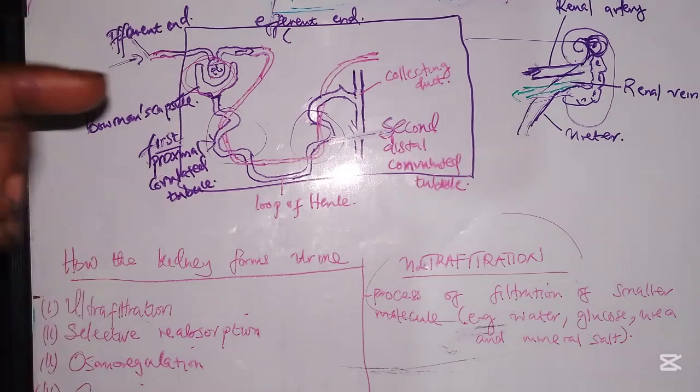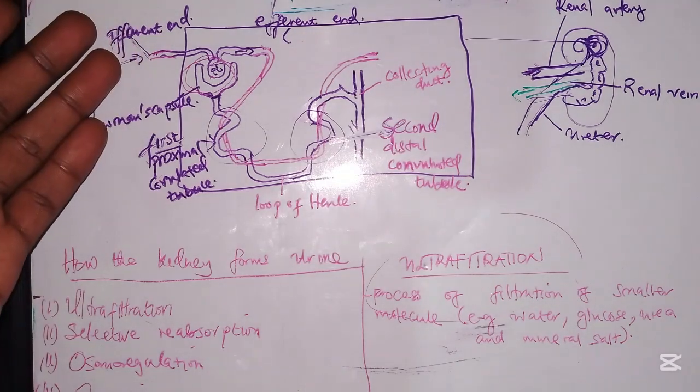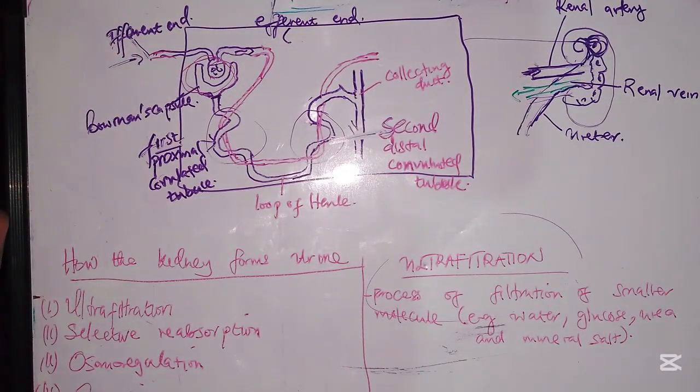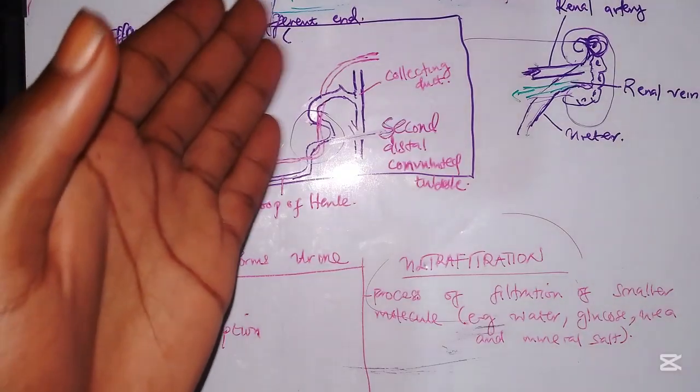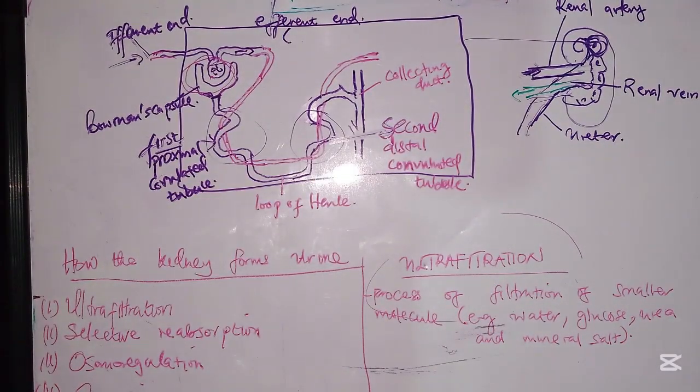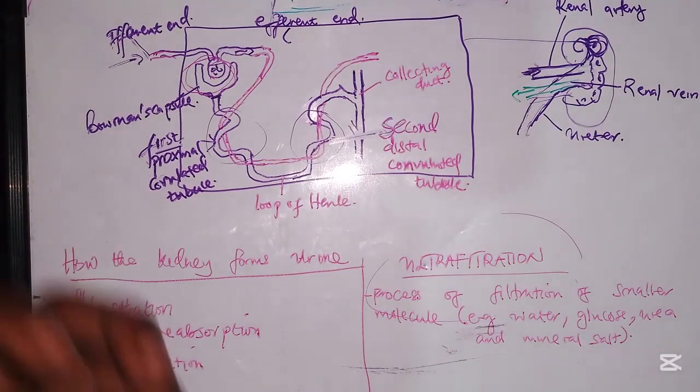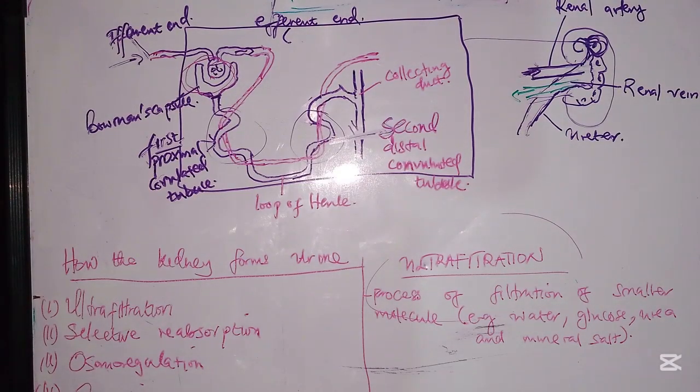So the efferent end of a blood vessel is what? Wider than the afferent end. So meaning blood coming to the kidney will have high pressure. So whenever blood comes to the kidney with high pressure, it will cause what? Fluid to move out of the blood vessels, therefore causing filtration. So that's what you need to know.